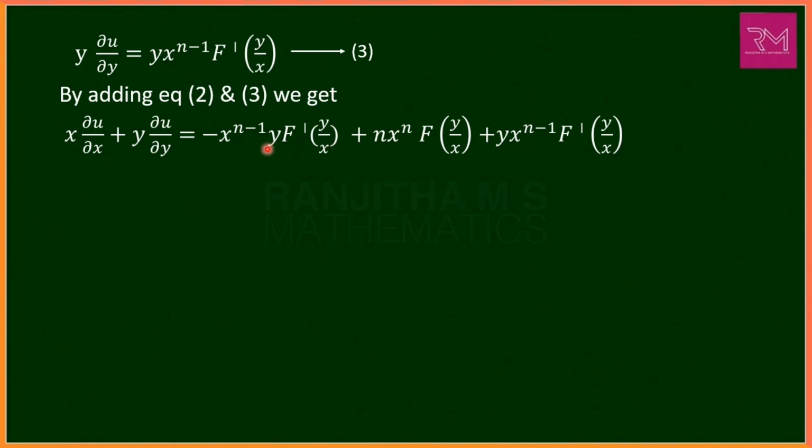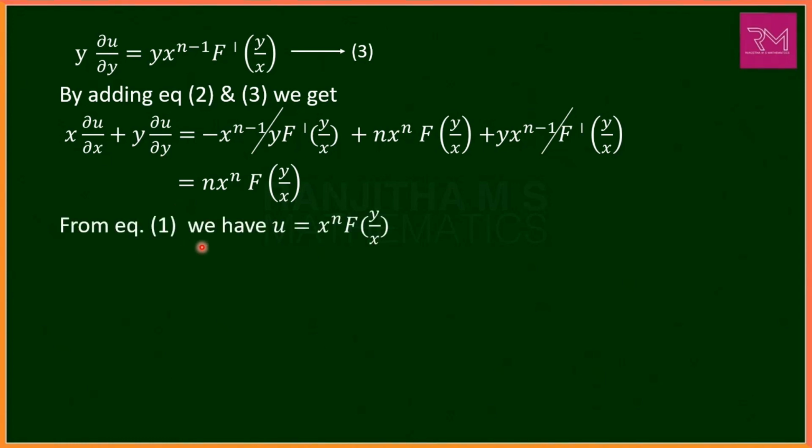Here observe carefully, here we get the value as minus sign of x power n minus 1 into y into f dash of y by x. Here positive sign of y into x power n minus 1 into f dash of y by x gets cancelled. The remaining is n into x power n into f of y by x. This is the value of x into del u by del x plus y into del u by del y.